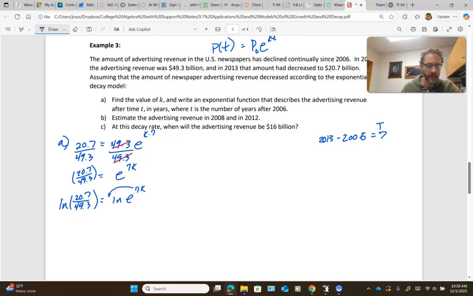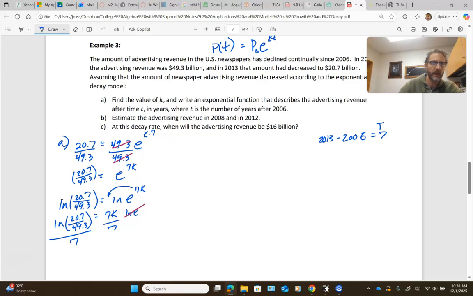Again, using that power rule, we can pull that 7k in front. The natural log of e is going to disappear. And so I'll be left with just dividing both sides by 7.